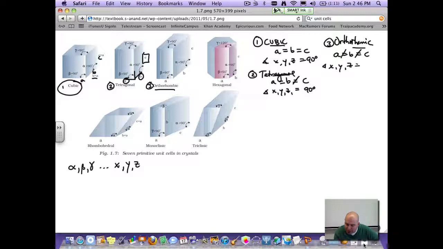X, Y, and Z are all still 90 degrees, and you can see it makes sense. Again, they all look, this is nice, 90 degrees. But A, B, and C are not the same. Okay, so you can see in this one where we've got a taller length here, but it is also wider than the base.